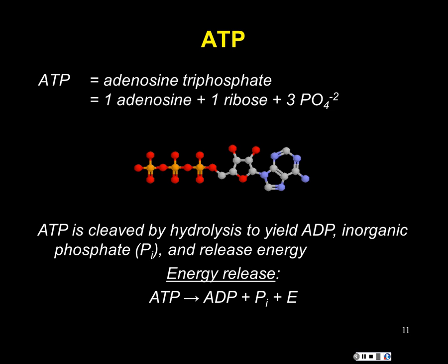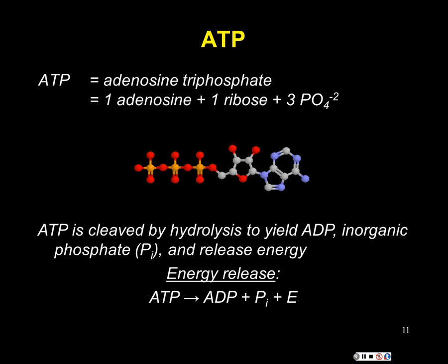Oppositely charged particles will attract. Here I have 3 phosphates that are what type of charge? Negative. What do they want to do with one another? Get away from each other, repel from one another. Yet, they're chemically bound together. And that, in a nutshell, is the magic behind ATP.